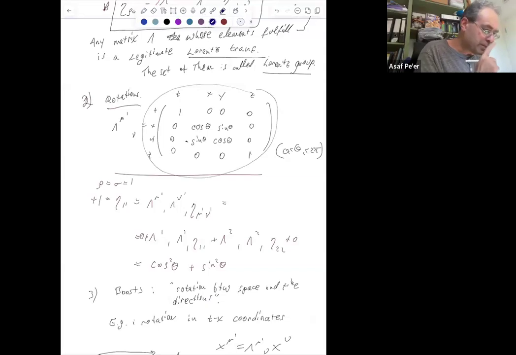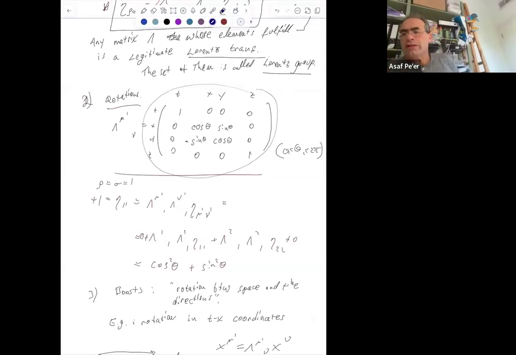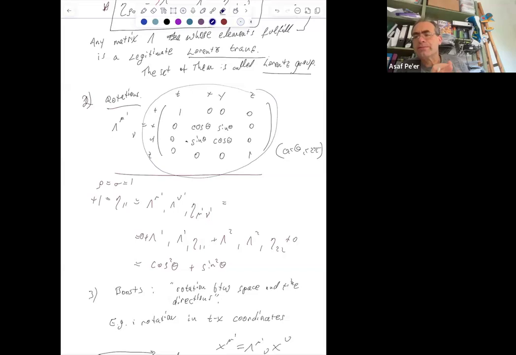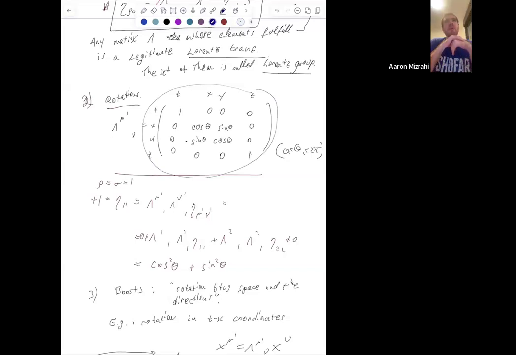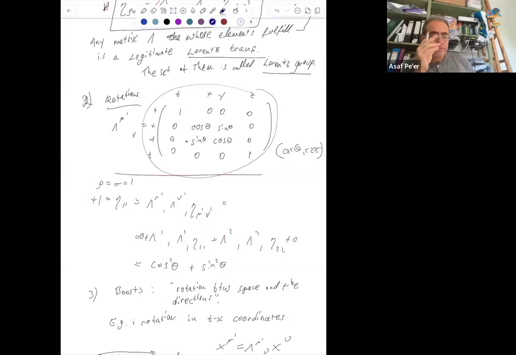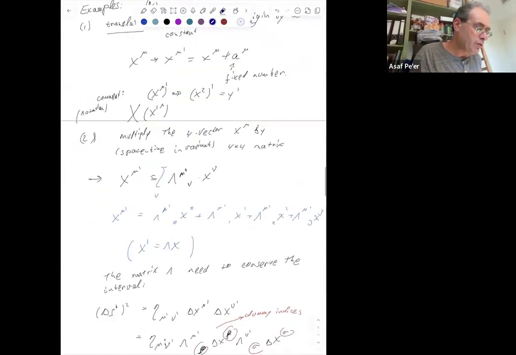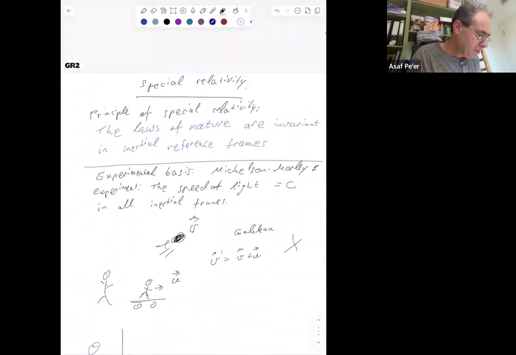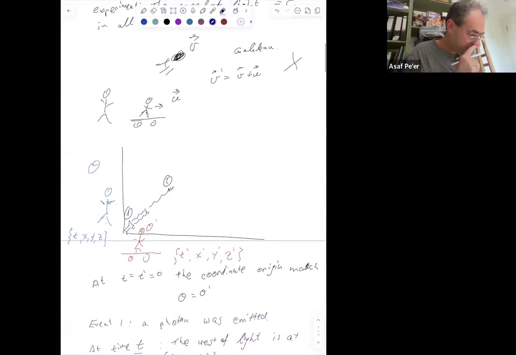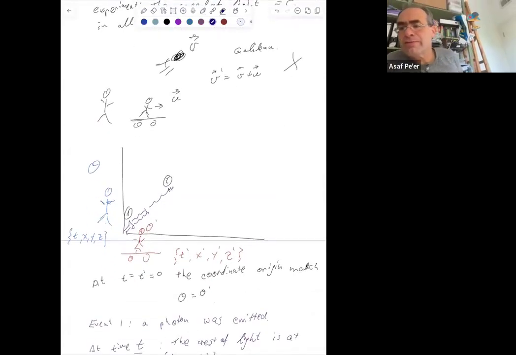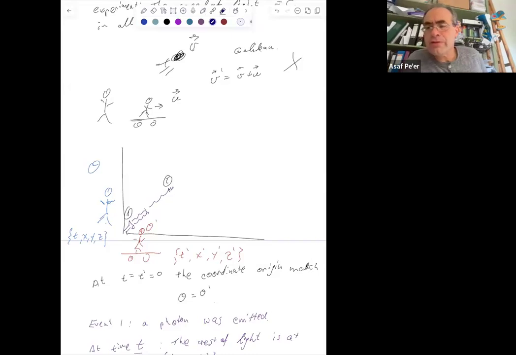Remember, Lorentz transformation takes you from one coordinate system to another, from one observer to another observer. Each observer defines his or her own coordinate system. We have two observers, both of them in inertial frames, but each one has the right to define his or her own set of coordinates.